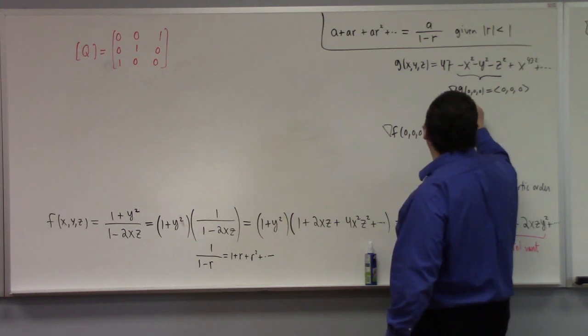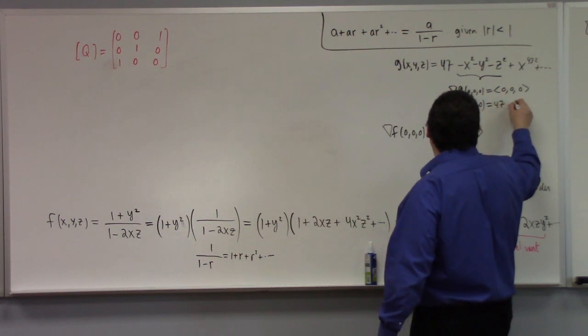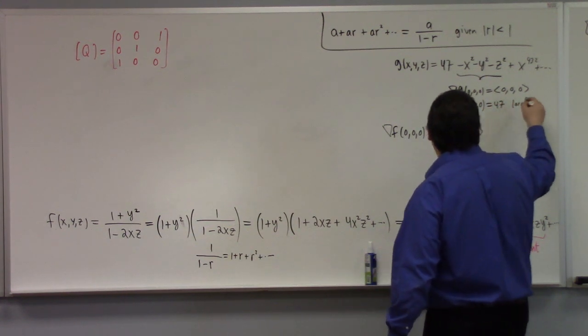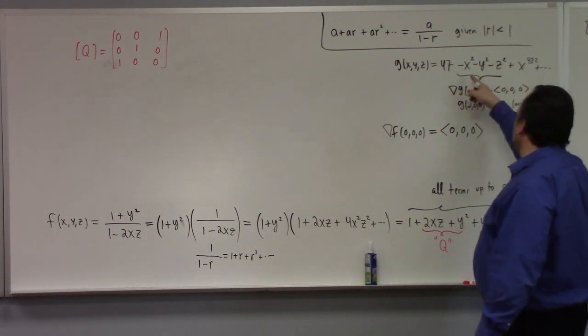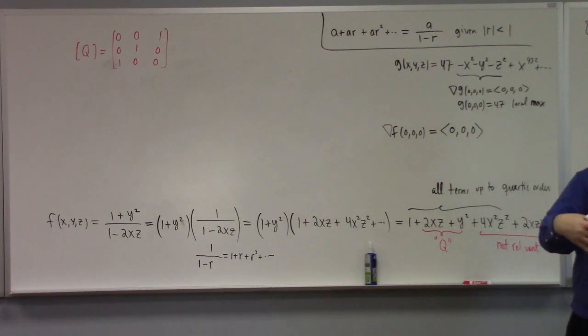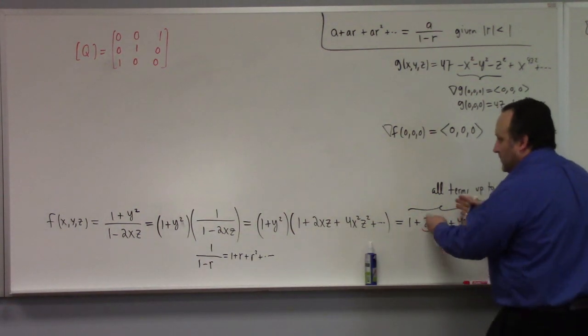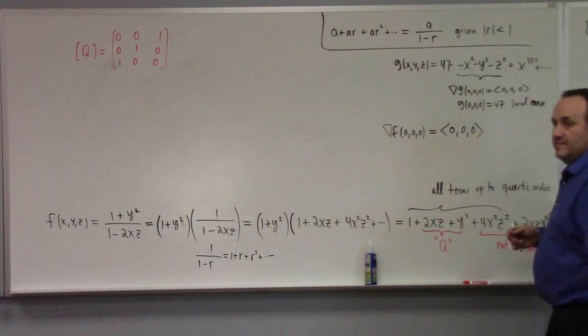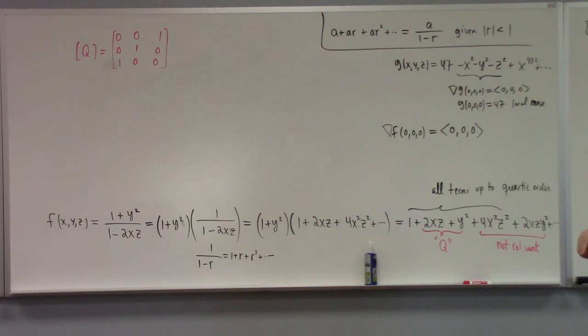And apparently, g of the origin is 47, and that's a local what? Max, right? Because all of these terms are taking away from 47 close to the point. With this expression, I don't know offhand what's going on. So what I want to do is find the eigenvalues, to go back to that whole quadratic form thing. So what are the eigenvalues of this?